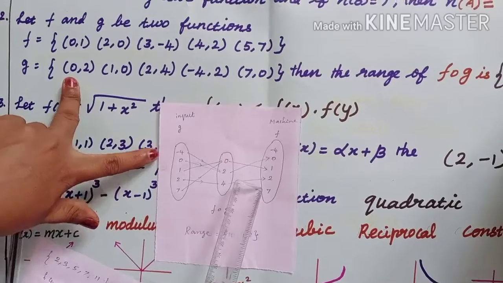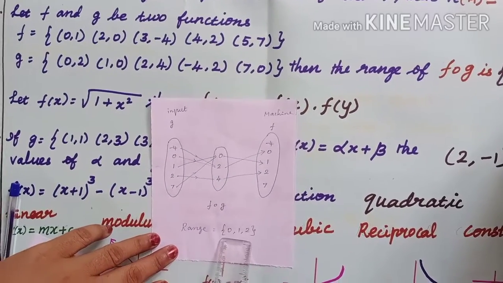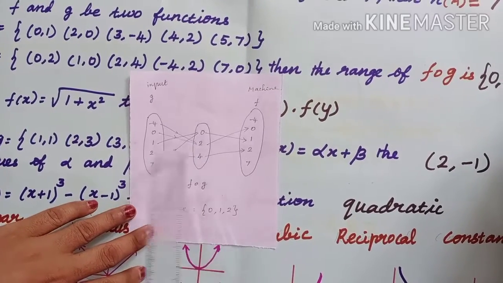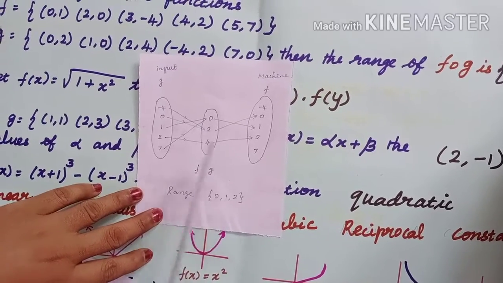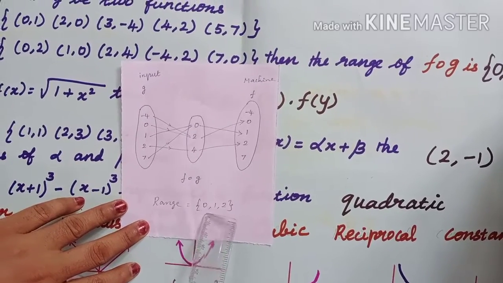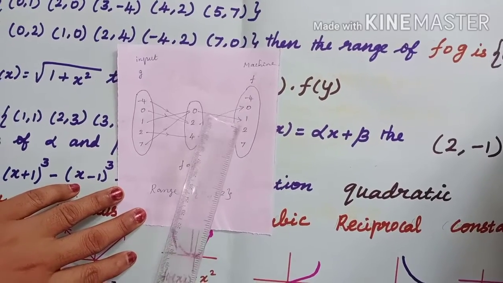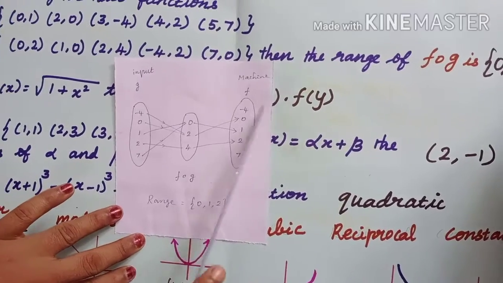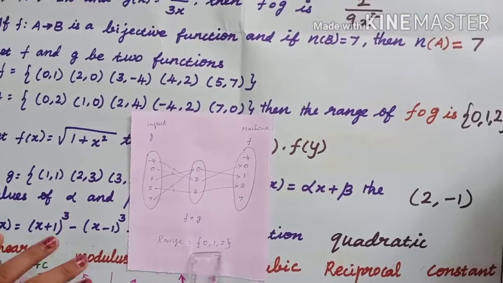What is your last answer? 0, 1, 2 is your answer. So the range of F of G, this is the correct method to find the composition of two functions. So the range of this is 0, 1, 2 only. These three members only are the answers. These others are not in the range. Okay, so this is your answer.